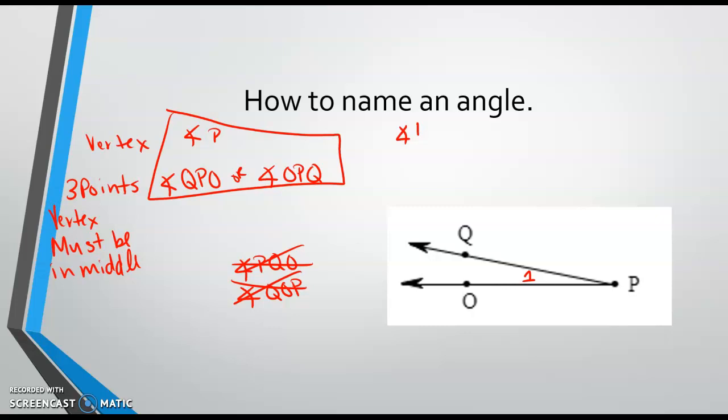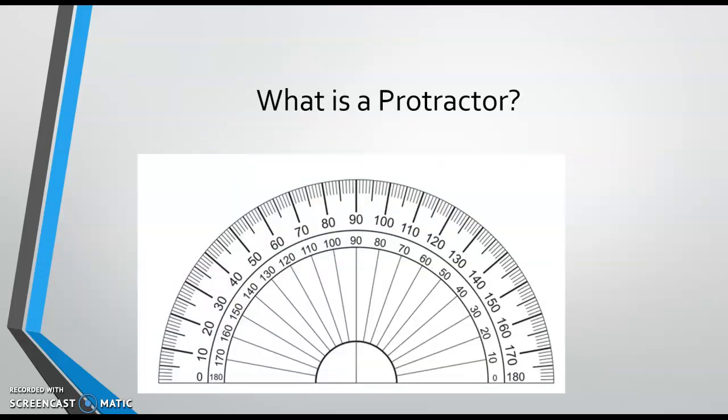All right, we're going to talk about how to measure angles. What do we use to measure angles? We use a protractor. When using a protractor, and I have several of these in the classroom, we line our vertex here. You're going to make sure that your vertex lines up in this crosshair. And then this bottom line is where you line up a ray.